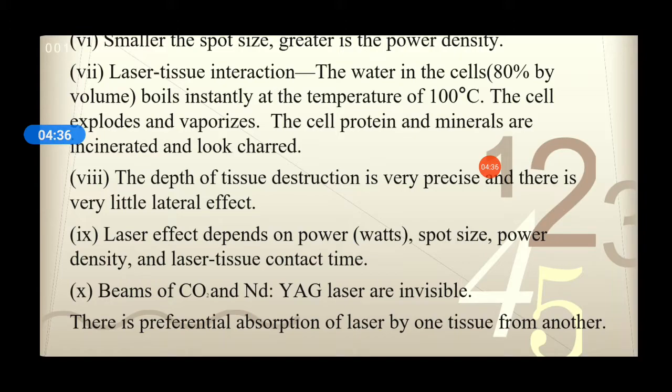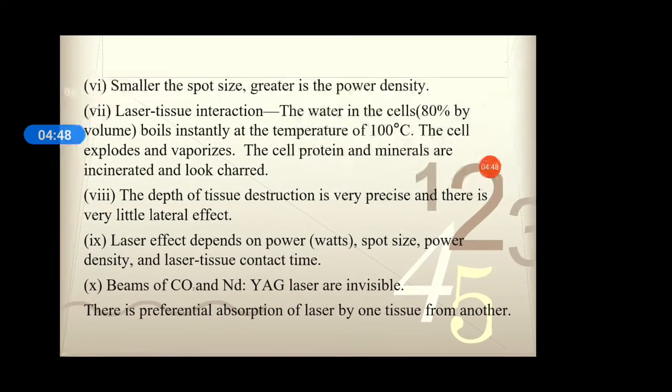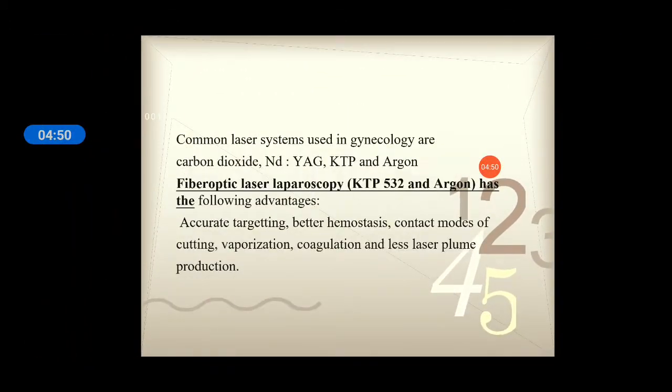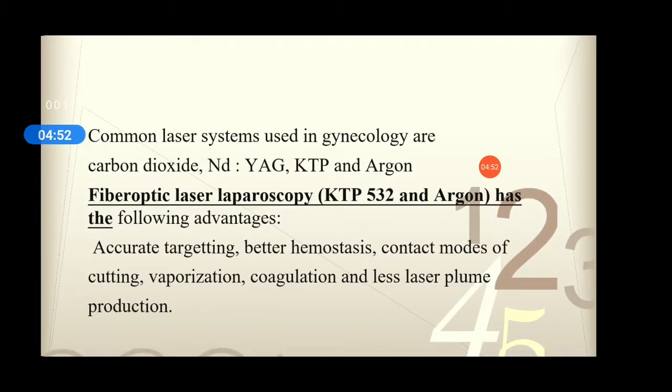Beams of carbon dioxide and Nd:YAG laser are invisible. So these are the different types of laser which are invisible. And there is preferential absorption of laser by one tissue over another. Common laser systems used in gynecology are carbon dioxide, Nd:YAG, KTP, and argon.